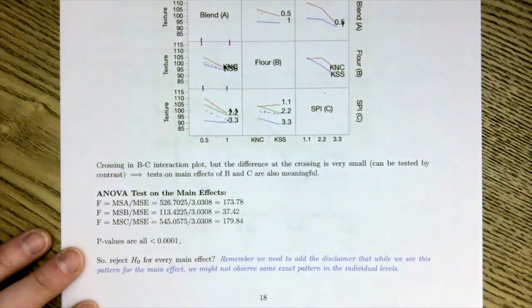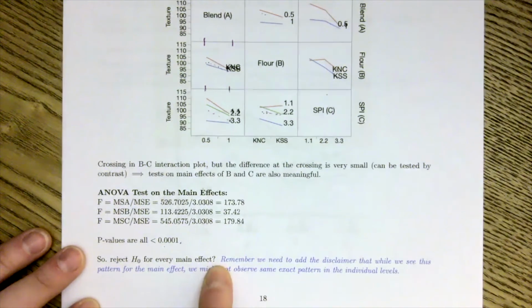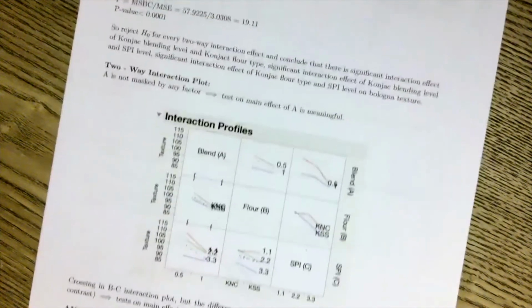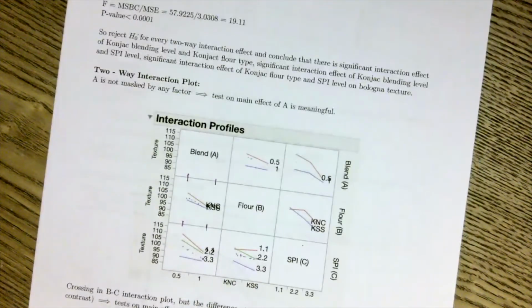So we reject for every main effect, but the reason I put a question mark is because we also have to remember to add the disclaimer that while we see this pattern for the main effects, we might not observe the exact same pattern for the individual.